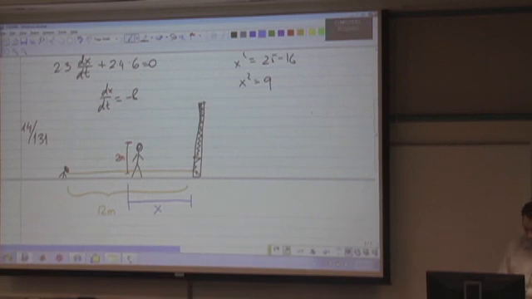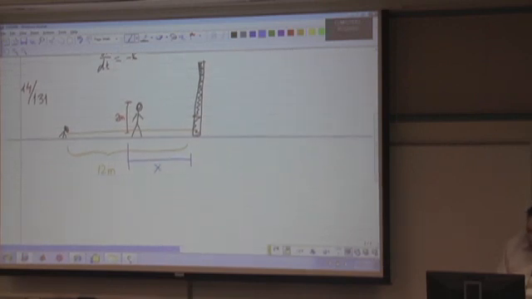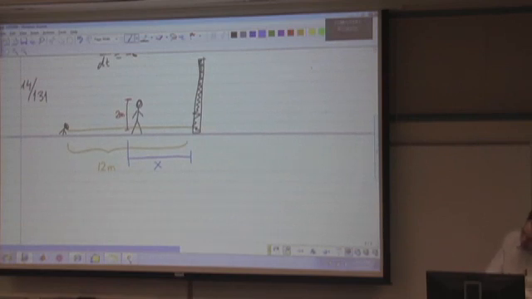Okay? So what does that tell us about the problem? It says a man walks from the spotlight towards the building at a speed of 1.6 meters per second. How can I relate that in terms of x? dx over dt is equal to negative 1.6 meters per second, you say?